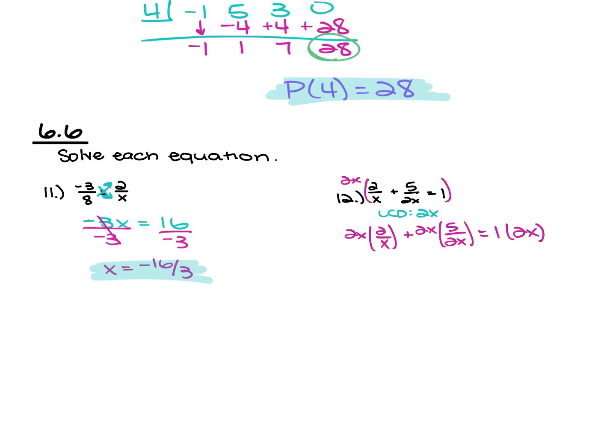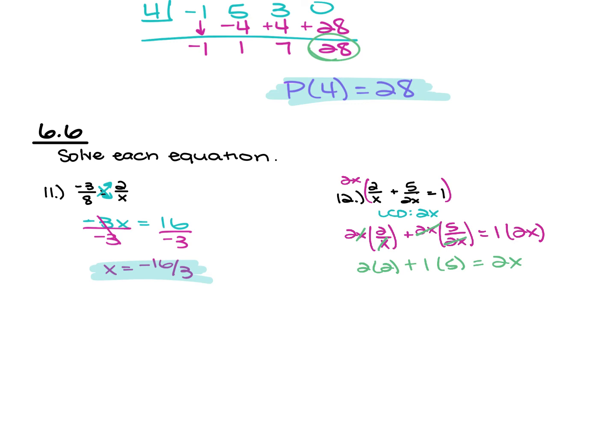Your 2x times 2 over x, your x's cancel, so it's just 2 times 2. Your 2x times 5 over 2x, your 2x's cancel, so that's just 1 times 5. And 1 times 2x is 2x.